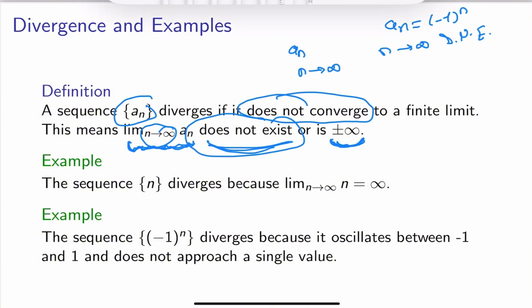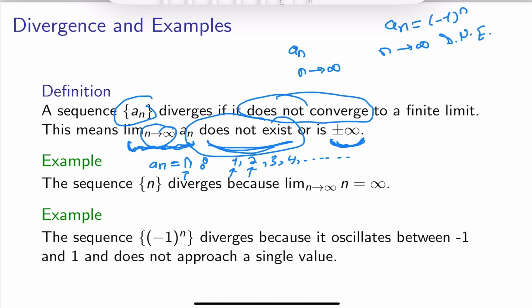Another form of divergence is what's so-called divergence to infinity. For example, consider the sequence a_n equal to n. If you write a few terms, at index 1 you have 1, at index 2 you have 2, you're just plugging in the n's, 3, 4, and so on.